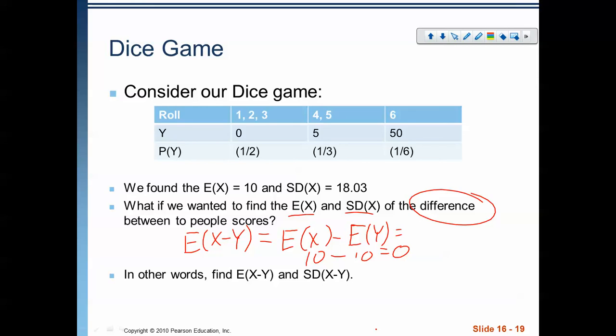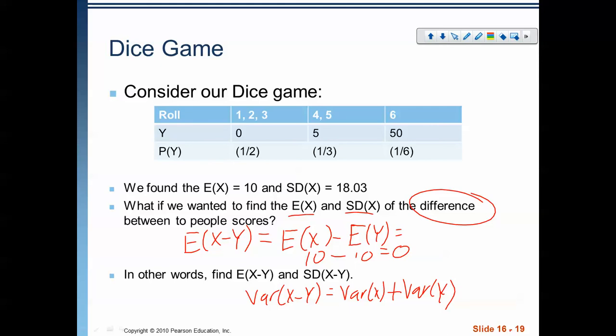Our variance rule, the variance of X minus Y, variances always add. So the variance of X minus Y is still the variance of X plus the variance of Y. And then, of course, if we're finding the standard deviation, we need to take the square root of that.